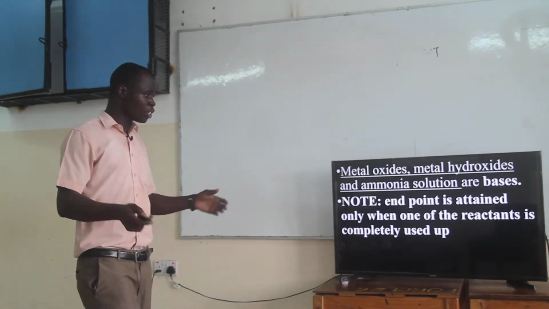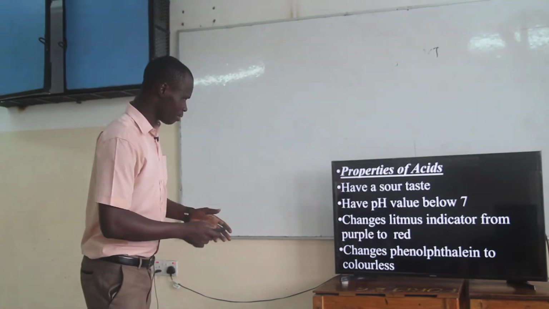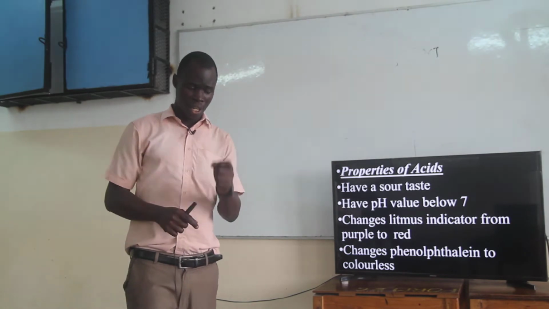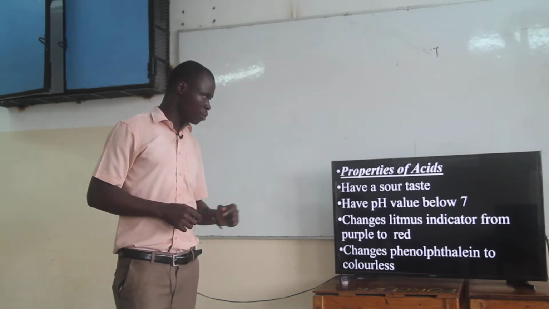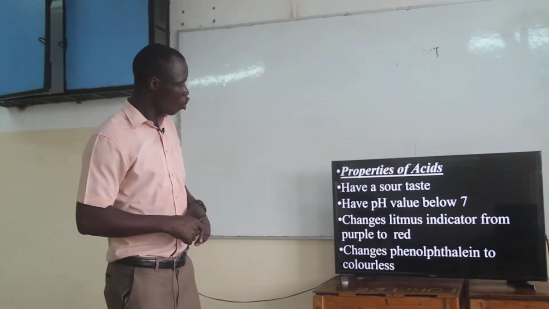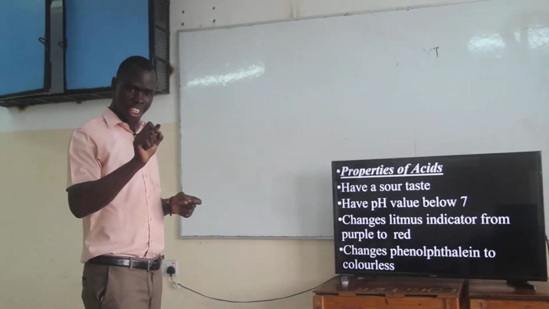Now, what are the properties of acids? Acids have a sour taste. For example, if you taste lemon juice, that's an acid. They have a pH value below 7, as I had already shown you in that chart.